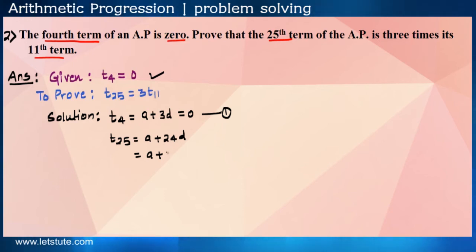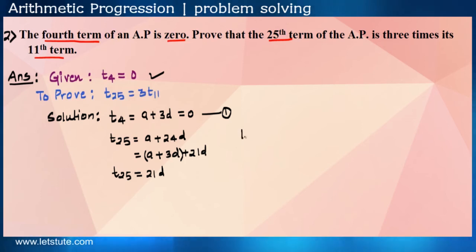So I can write a plus 24d as a plus 3d plus 21d. Now a plus 3d simply will become 0. That means T25 is 21d. Right?